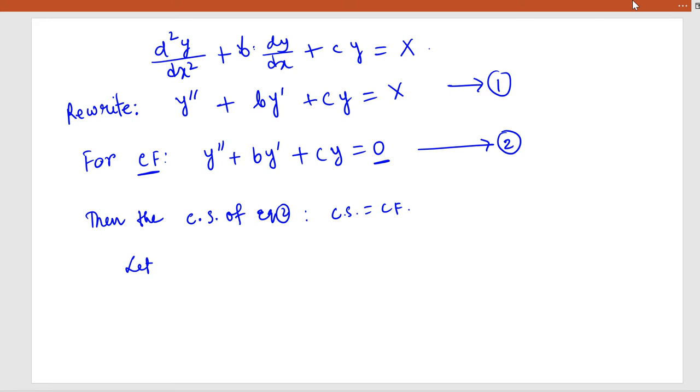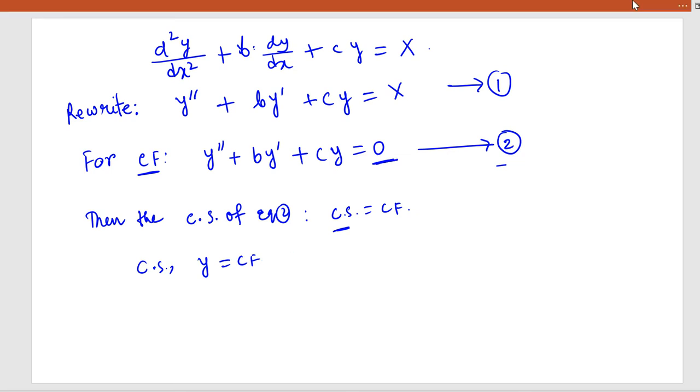You remember that when the complete solution is written in terms of y, CS y equals to CF plus PI. But for equation 2, the right hand side is 0. So we don't have this PI.